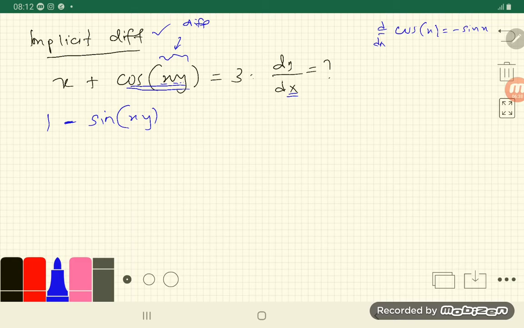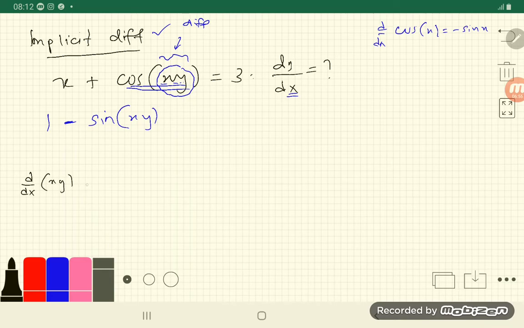If you see here, in order for us to differentiate this part, we are required to deal with what we call a chain, it's not chain rule, it's supposed to be a product rule. So if we want to differentiate xy, x multiplied with y, we are supposed to use the product rule, where you are supposed to find the value of your u here.